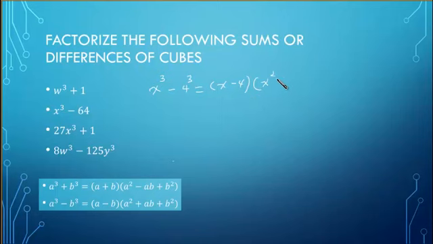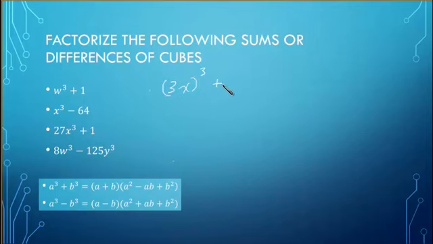And then plus the product of those two terms, so that's an x and a 4, so we write that as 4x, and then plus the last term squared, so that's 4 squared, which is 16, and voila, this is now factorized.